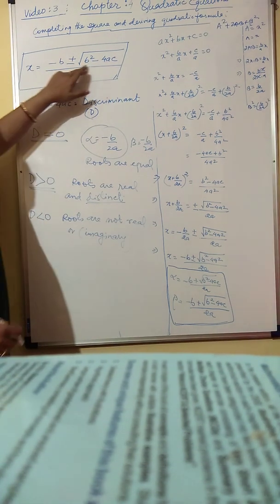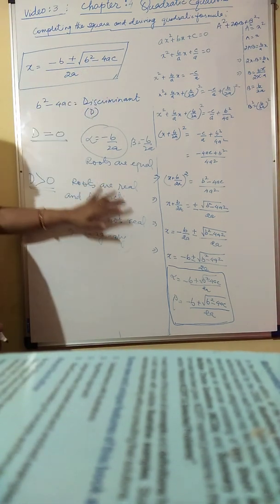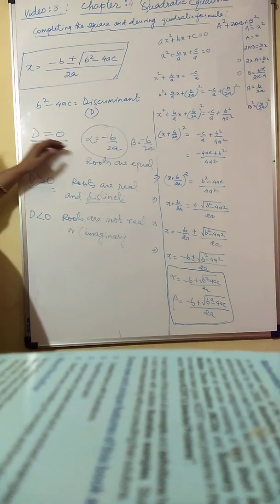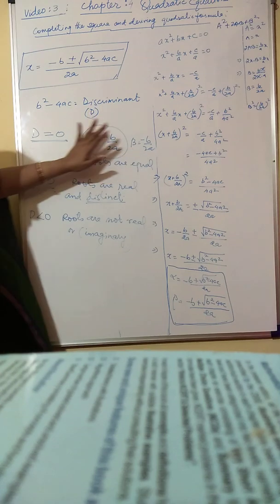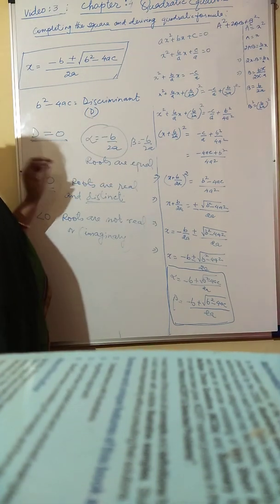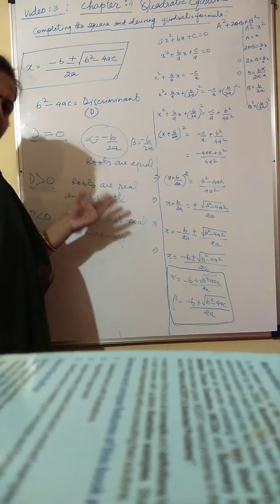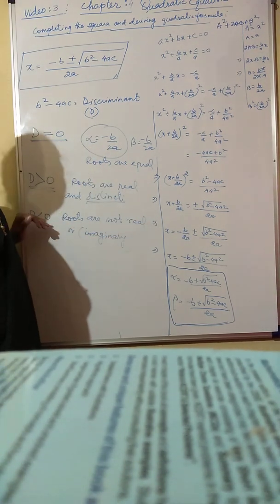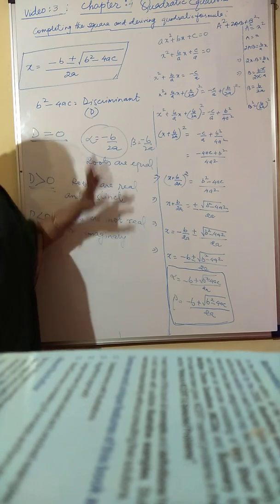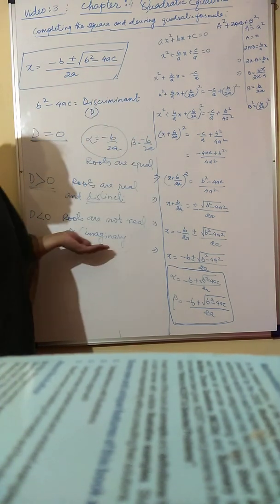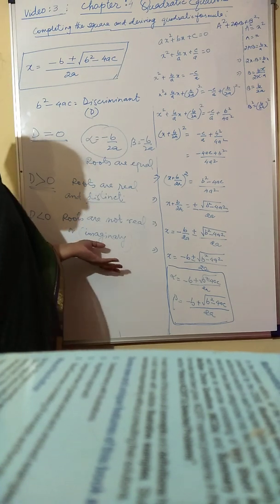So depending upon the value of d, we may get these three different types of roots. When the value of d is 0, roots are always equal, that is for sure. If the value of d is greater than 0 or it is positive, then the roots will always be real and different. If d is less than 0, you know that those are imaginary numbers, under the root negative will never exist. Therefore, the roots are imaginary.